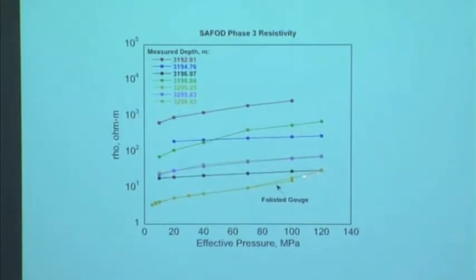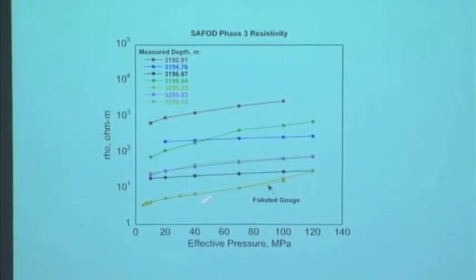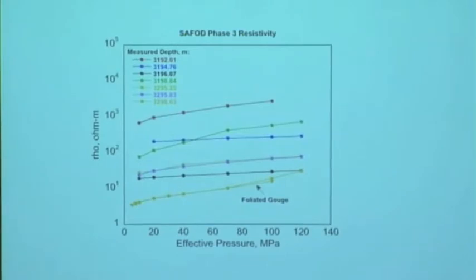And one thing that you notice is that the foliated gouge, which is from the actively creeping sections, is always the lowest resistivity in the rock types that we measured. So just to plot these results up, we're going to take values at 100 megapascal effective pressure and then at 40 megapascals effective pressure.